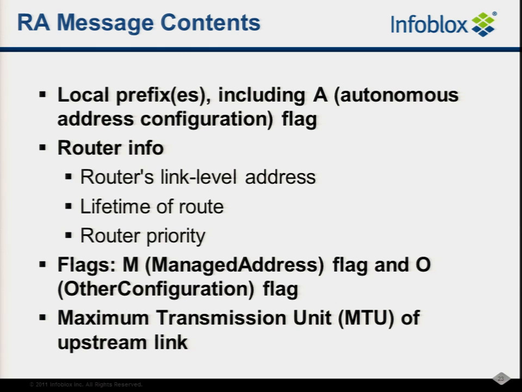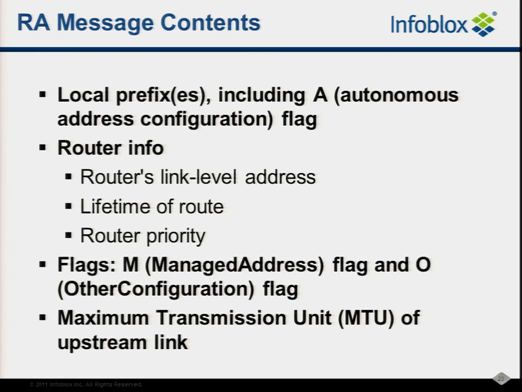And then finally we get into the DHCP stuff. M says managed address. Get an address from a DHCP server. O, other configuration. Little gotcha. You can, as Jeff said, assume that if the manage flag is on, that the O flag is on.